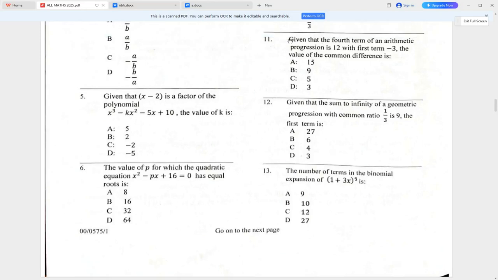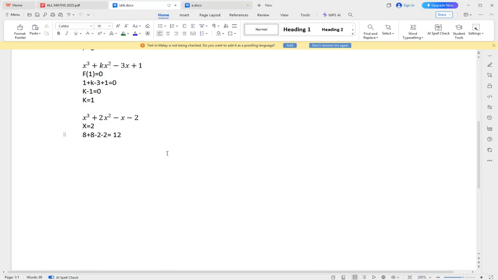Now question 11. Given that the fourth term of an arithmetic progression is 12, with first term negative 3, the value of the common difference is? To solve this, you know that the expression of the nth term of an arithmetic progression is a plus n minus 1 times d, where a is the first term. In this case, we are dealing with the fourth term, which is 12, and we know our first term is negative 3. So 12 is equal to negative 3 plus the fourth term minus 1 times the common difference, which we are finding.